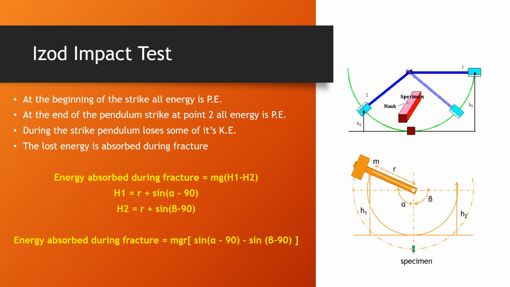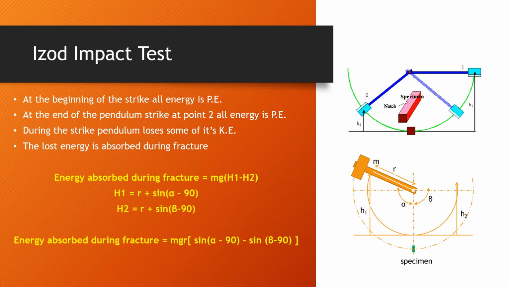Now when you let go of the hammer, all that energy transforms into kinetic energy and hits the specimen and fractures it. From conservation of energy, if some of the energy is lost, then the hammer would not go to the same height as point 1 after hitting the specimen.